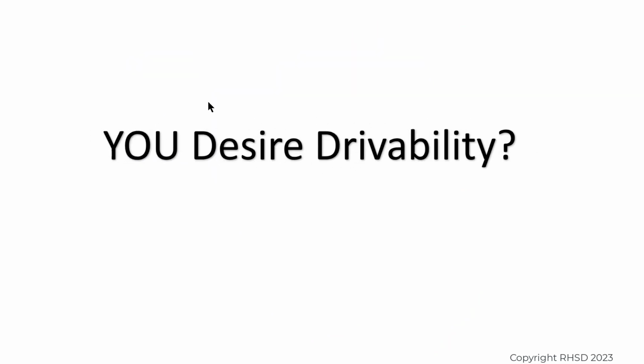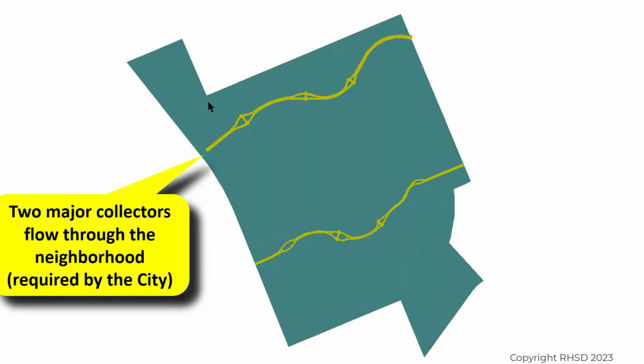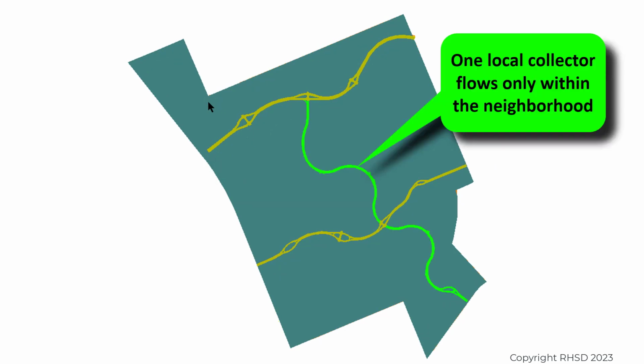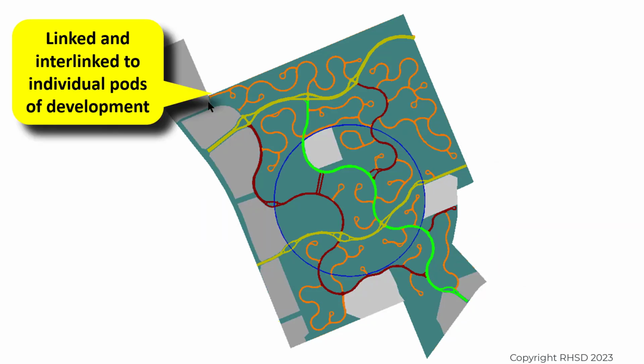Do you desire drivability? Well, we have to create a street system that maintains flow. So there is a requirement for 2 major collectors to go through the neighborhood. We have one north-south collector, and from that we also have 2 minor collectors. The curves discourage speeding, but they maintain flow. Linked into this collector system are individual pods of development.